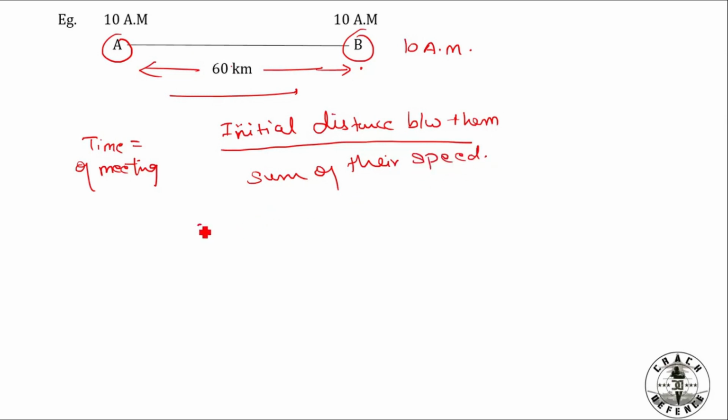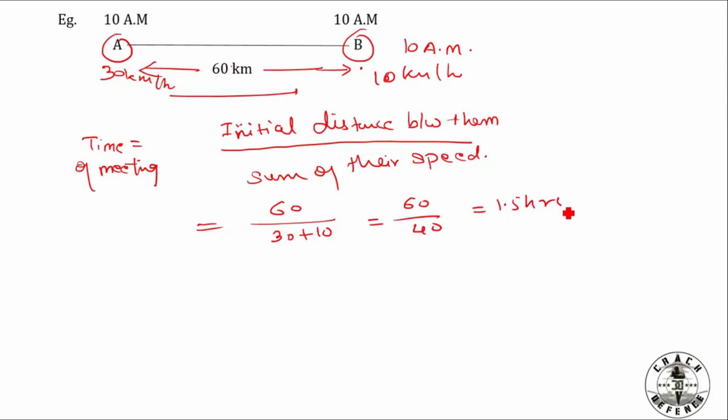So it becomes, the initial distance here is 60 kilometers, and for the speeds, we'll take A as moving at approximately 30 kilometers per hour and B moving at 10 kilometers per hour. So it becomes 60 divided by 30 plus 10, and you get 60 by 40, which is approximately 1.5 hours.